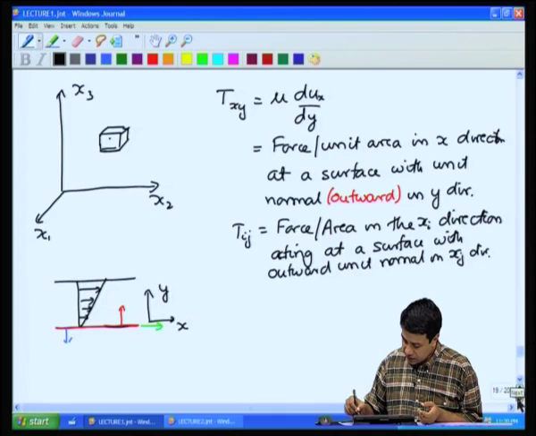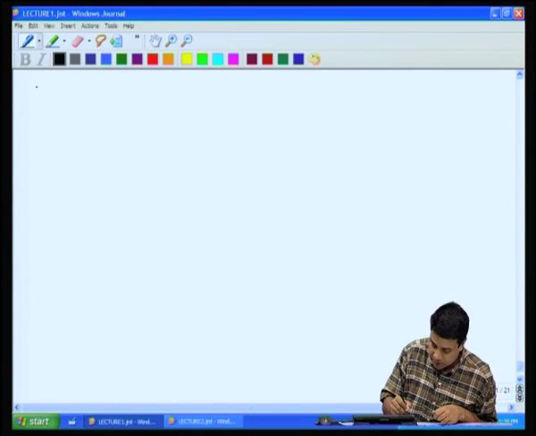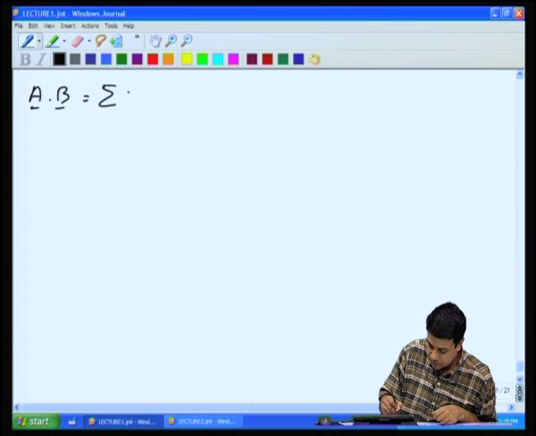In terms of the unit vectors, I can rewrite the dot product as follows. A dot B is equal to the sum over i equals 1 to 3, dotted with the second vector.